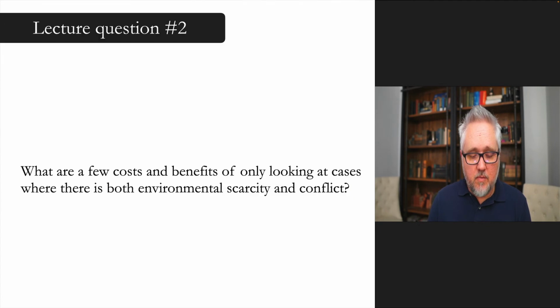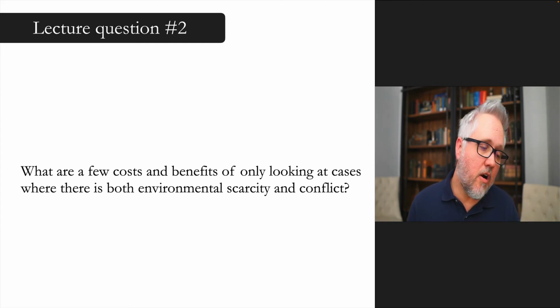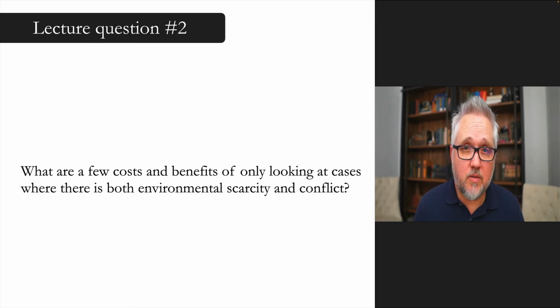But I'm interested to hear your take on the costs and benefits of only looking at cases in which there is conflict and those independent factors. What are the benefits and what are the potential costs for selecting on those variables? Because we're going to be talking about the research design aspects of these papers in the workshop, and the trade-offs that we have when trying to decide whether an argument is generalizable or applicable to other contexts.